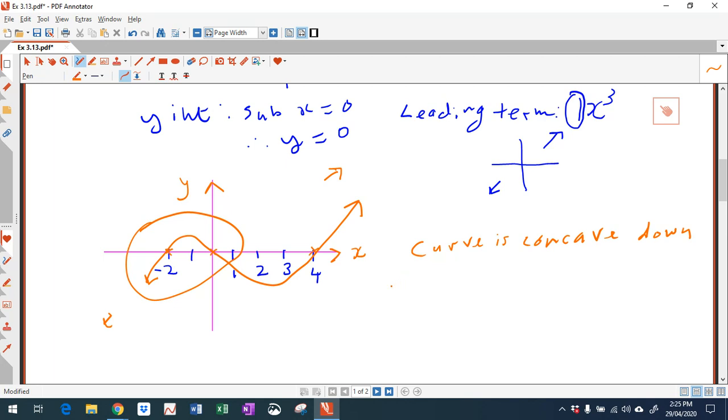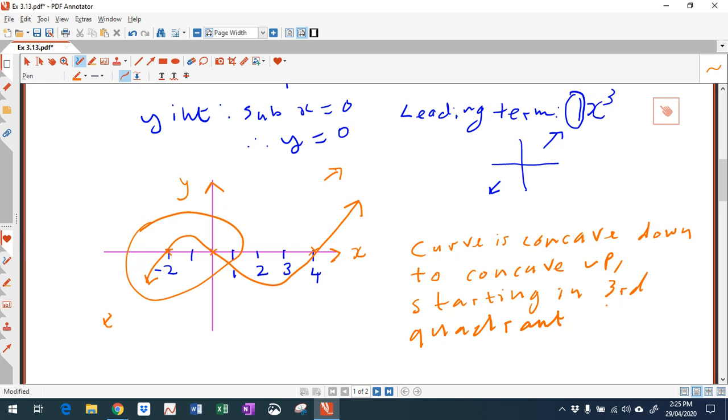I guess you could say the curve changes from concave down to concave up, starting in the third quadrant and finishing in the first quadrant.